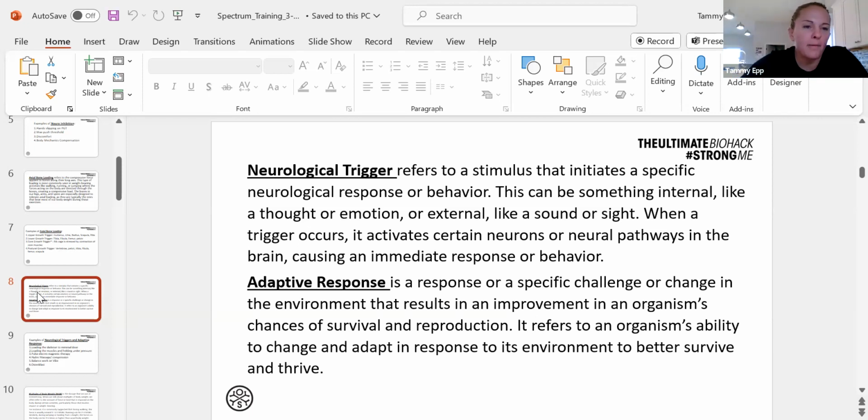One of the things that I love to talk about with my members, especially those brand new ones trying to make sense of the science, I boil it all the way down to neurological trigger and adaptive response. These are the two vocabulary words I just hang out with all day. And a little bit of axial loading. But axial loading is the neurological trigger here that provides the response of osteogenesis.